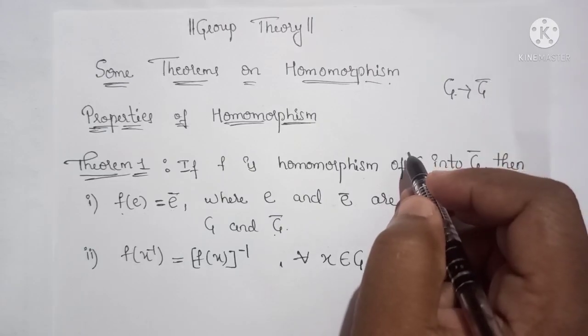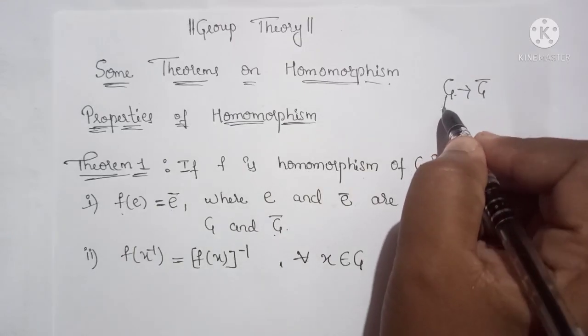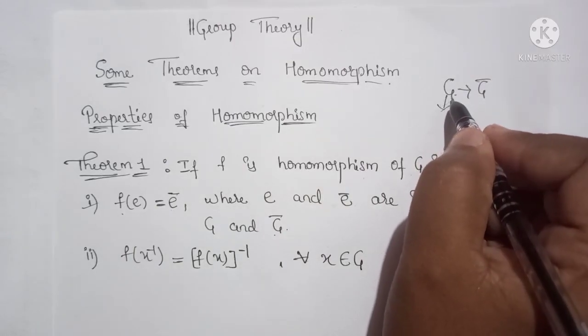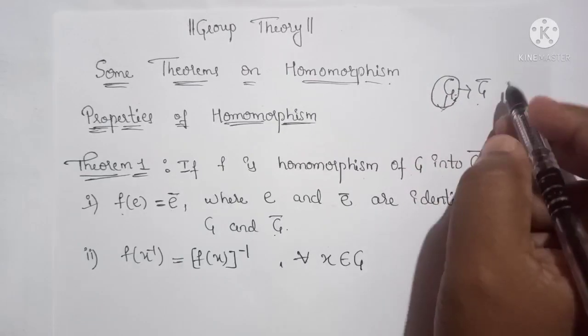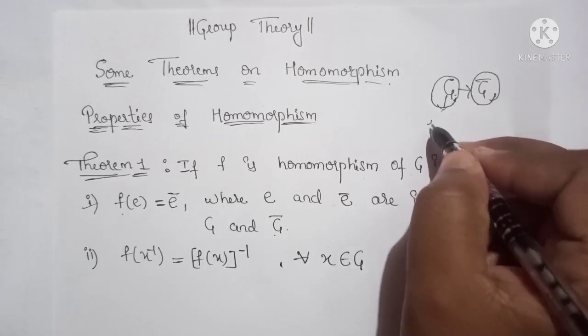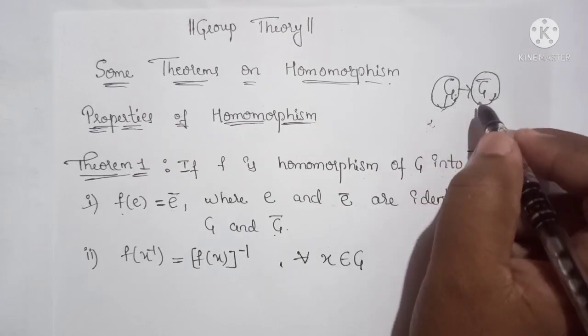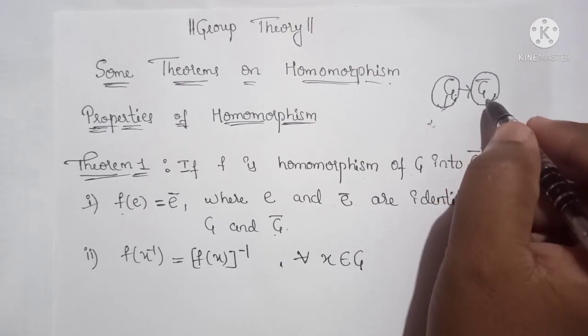Okay, so now what it means is that the image of the identity element from the first group is equal to the identity element from the second group. So always the image of the identity element is equal to the identity element of the second group.